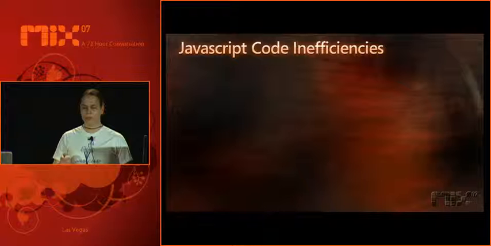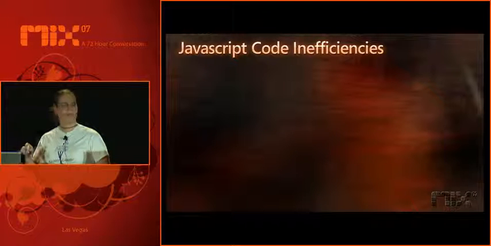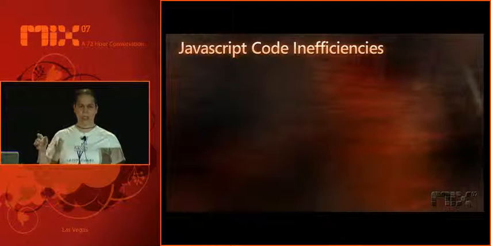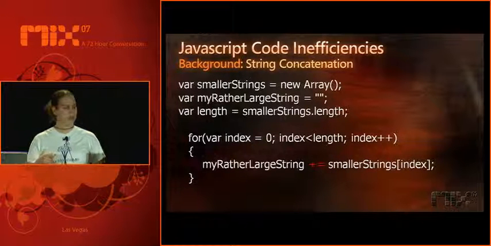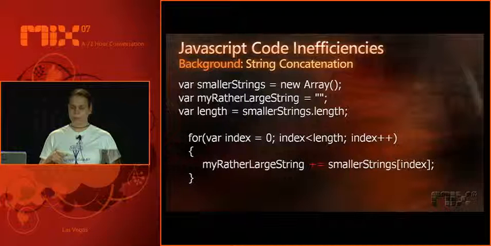So that was all about symbolic lookup in IE and JavaScript. Let's take a look right now at JavaScript code inefficiencies.